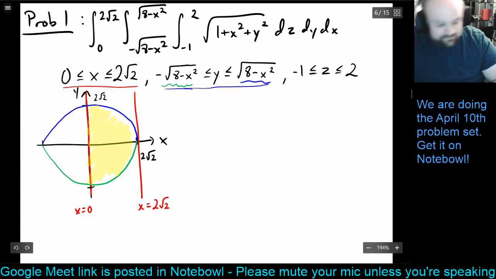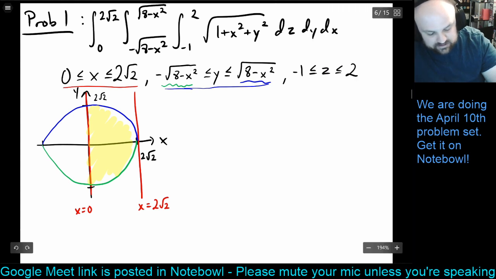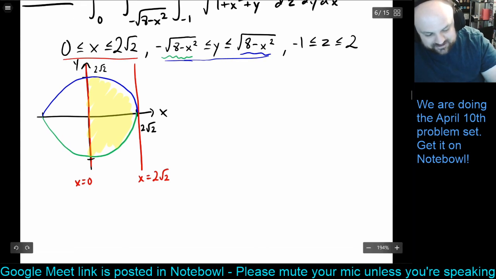So here I try to do this in a 3D sketch. The 3D shape, give it a go.